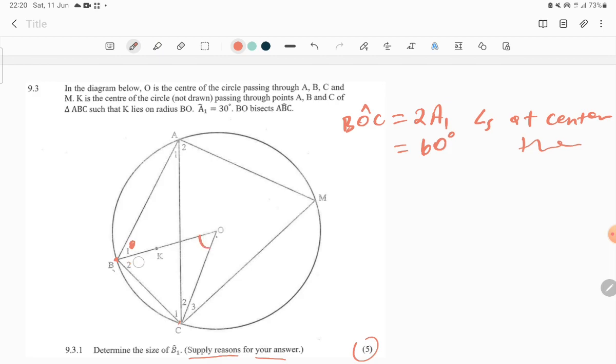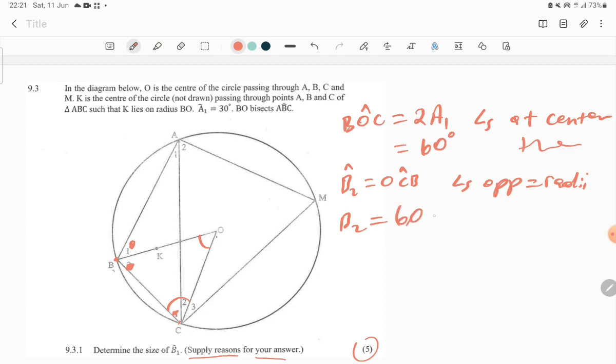And we also know that B2 is equal to angle OCB. Reason: these are the angles opposite equal radii. So if that is the case, we also know that B2 is equal to 60 degrees.